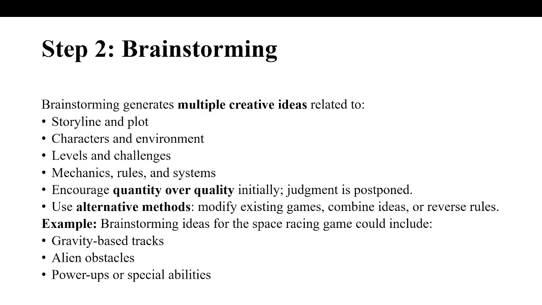What are all the characters involved, what about the environment of the particular game, how many levels are there, how challenging the particular game is, and what are all the mechanisms, rules, and systems there. Finally, we prefer quantity over quality initially, and then use alternative methods, like modifying existing games, combining ideas, and reversing the rules. Examples: gravity based tracks, moving obstacles. These are some of the examples for brainstorming systems.